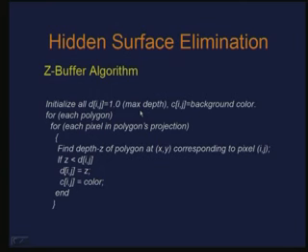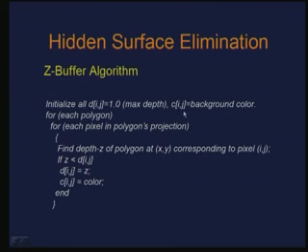It could be 1, it could be infinity, some maximum depth, depending on what range you are looking at. And the corresponding color buffer or the screen buffer, which you may assign to the background color, right. So, if nothing is found to be displayed, it is displayed with the background color.